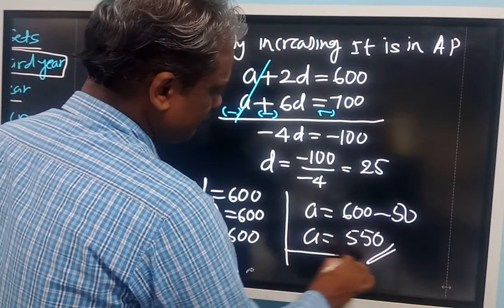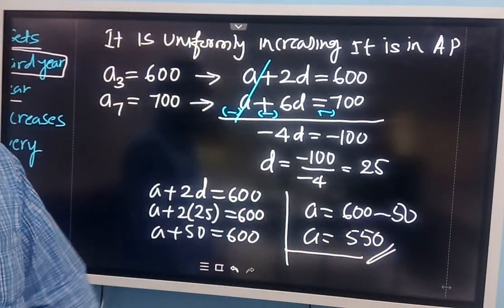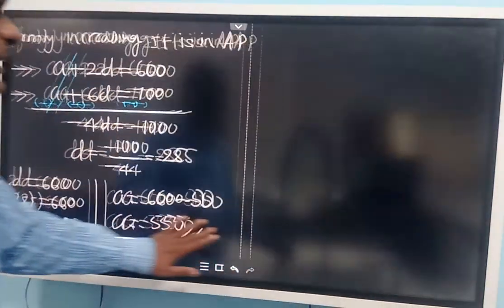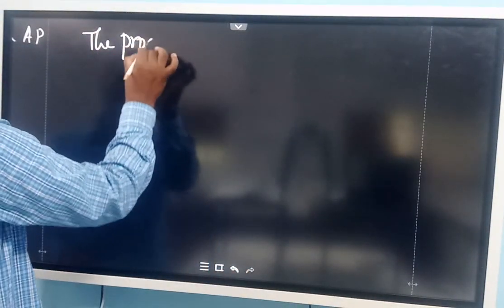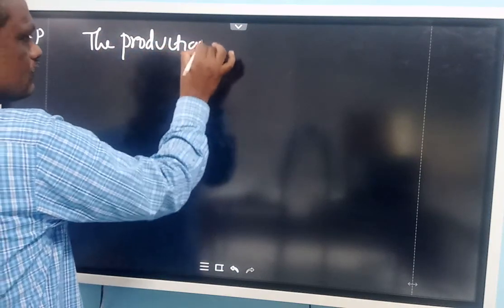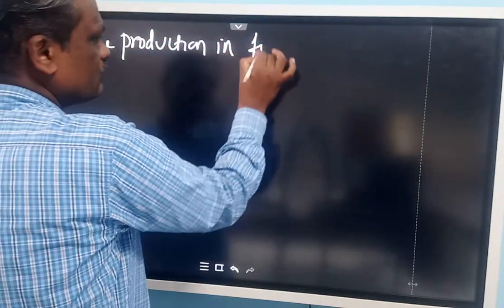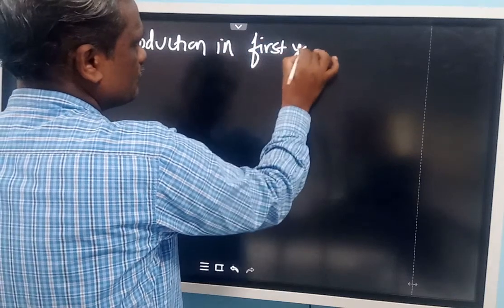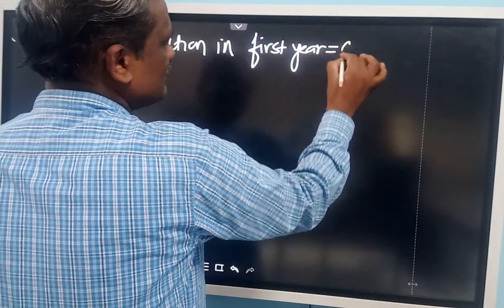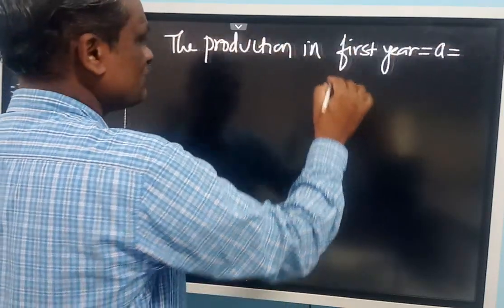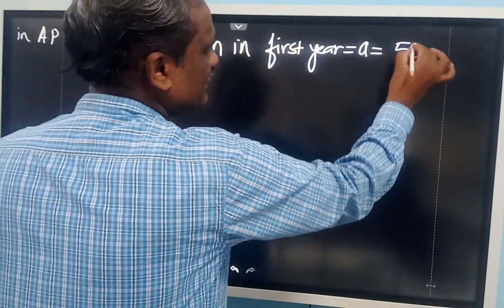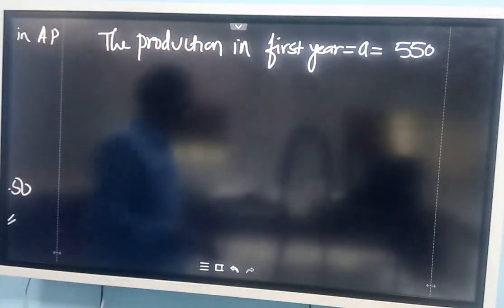This is the first term of this arithmetic progression. So the production in the first year, that is A, is equal to 550, as we calculated.